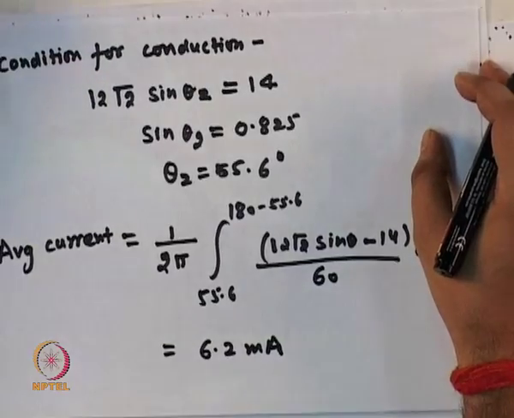So this was our problem. This simply illustrates the diode characteristics, and assuming an ideal diode, it shows the way to find the problem solution. So today in this tutorial we have covered two problems.